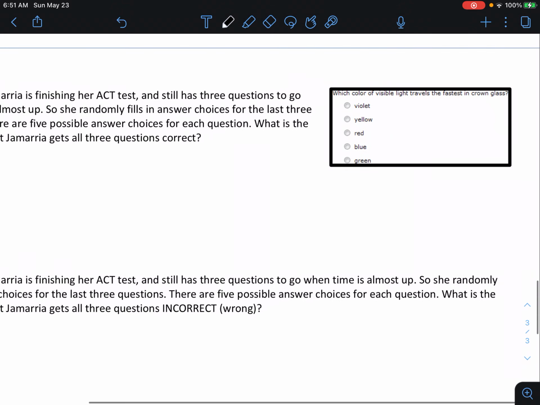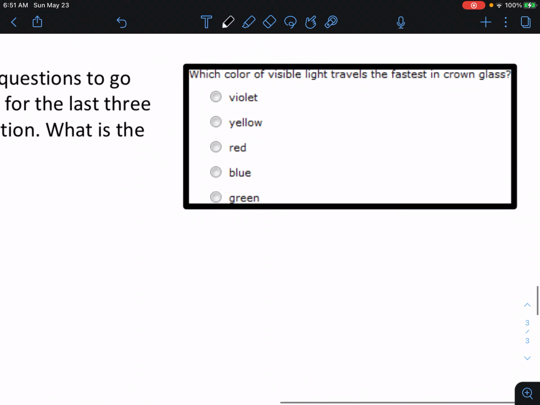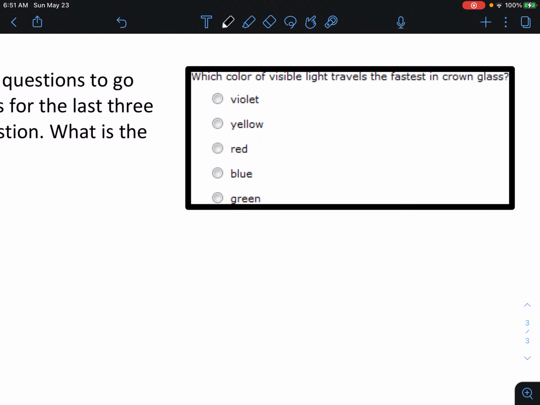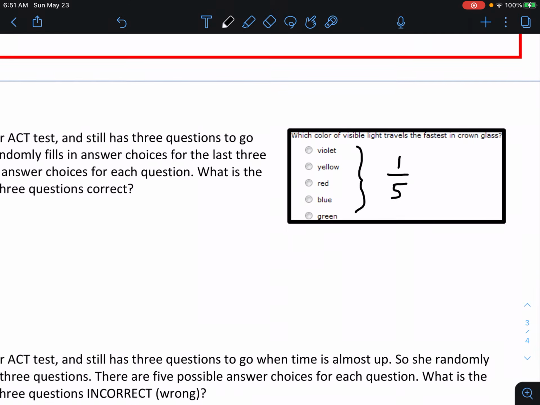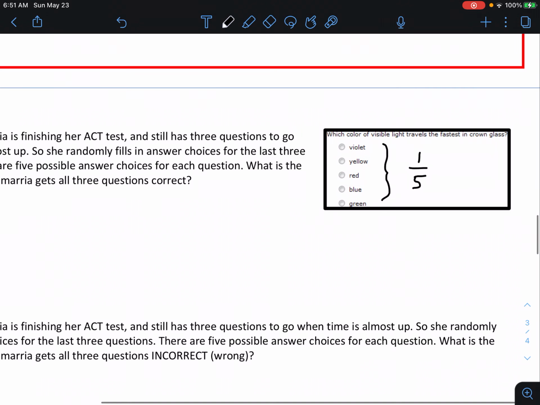All right, so what we have to think about first is if we have a question and there's 5 choices, the probability of getting this question right, if you guess, there's only 1 right answer, so the probability is 1 out of 5. Okay, so for each one of the questions, since there's 5 choices, the probability of getting it right is 1 out of 5.